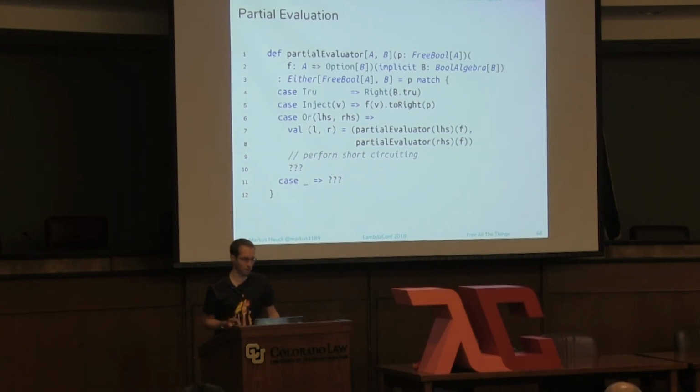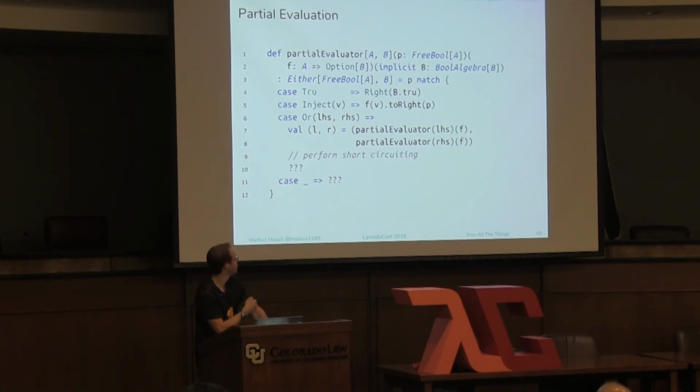Okay, so here's our partial evaluator. It just takes in a free Boolean program, and then this f function that goes from this a to an option of b. So in some cases we might get back a None, and this means we can't evaluate this because we only do partial evaluation. And again, we pattern match on our program.